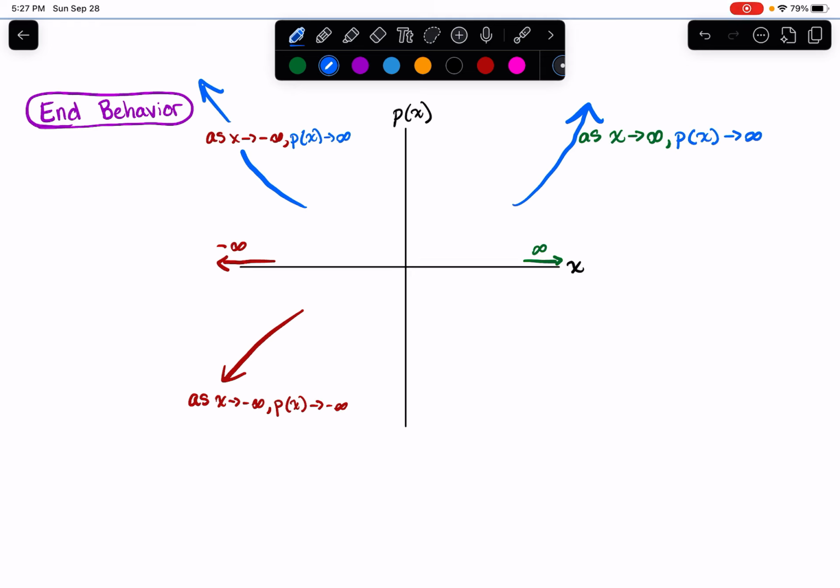So as the x values get really large, the y values are also getting really large. Or the other alternative is, as we head to the right, as the x values approach positive infinity, then p of x might be going down. So these are our four options. We're going to have one option on the left, one option on the right, and we just choose whichever one matches our graph.